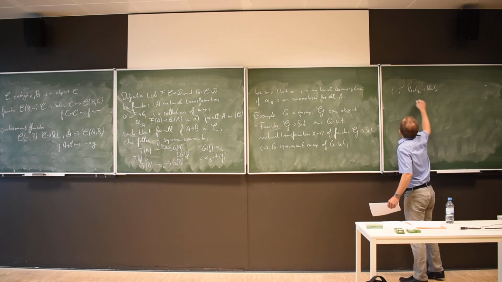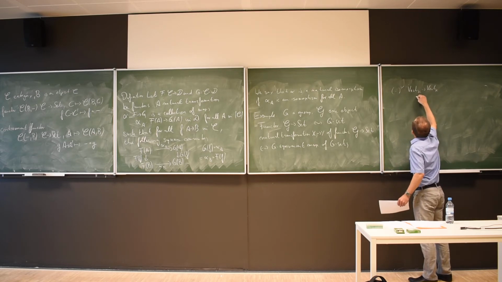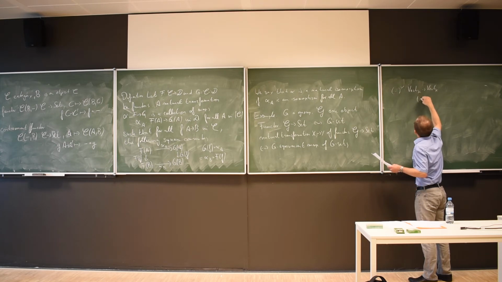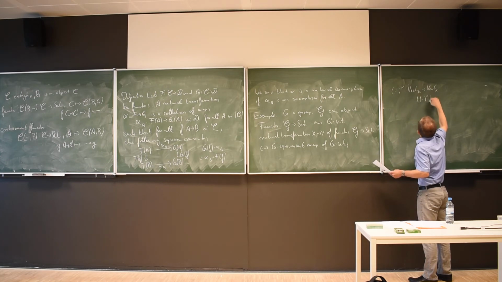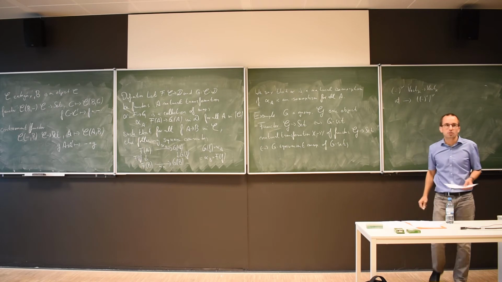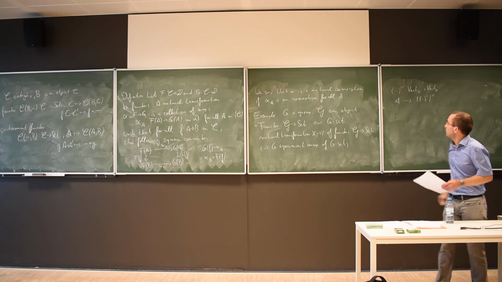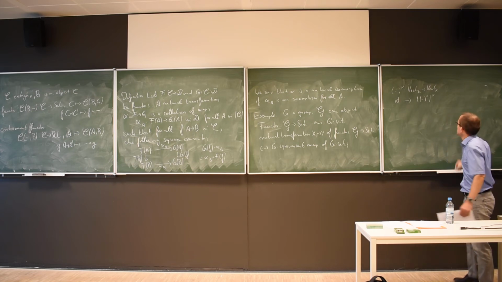So we can consider the functor double dual, which I denote like this, and it turns out that there's a canonical natural transformation from the identity functor to the double dual of the vector space.